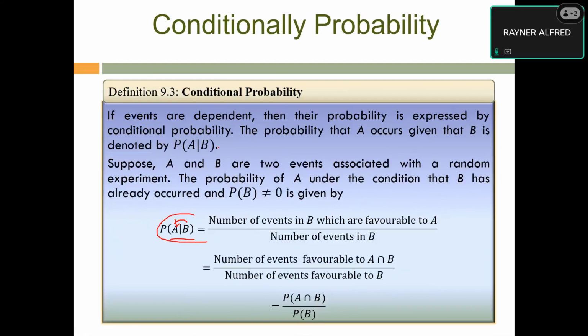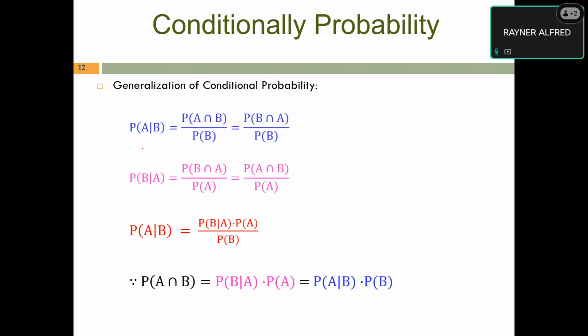Over here, they state that this can be computed by the number of events in B which are favorable to A, divided by the number of events in B. If we translate this into the formula, we are looking at the number of events in B which are favorable to A, together with the number of events favorable to B. If we put this together, we have this formula.